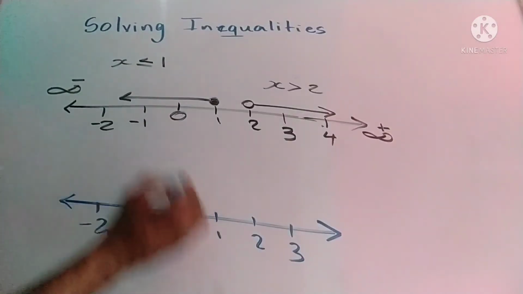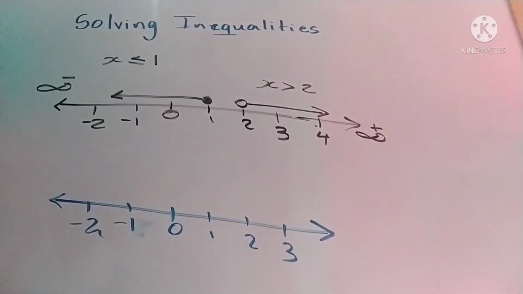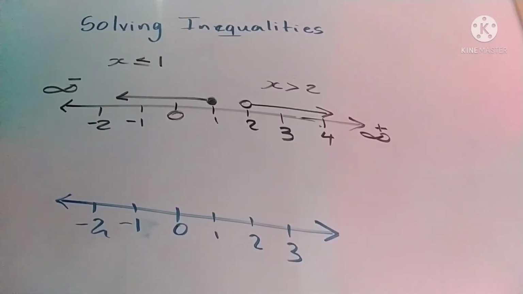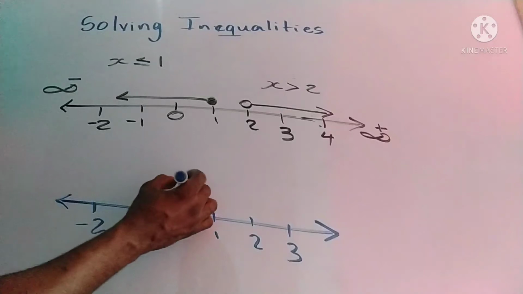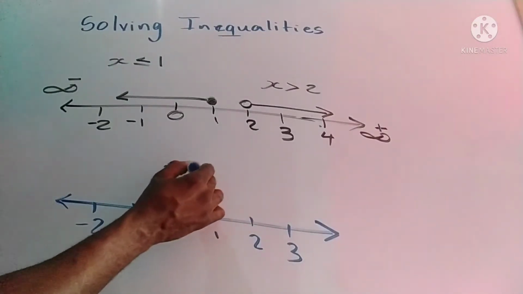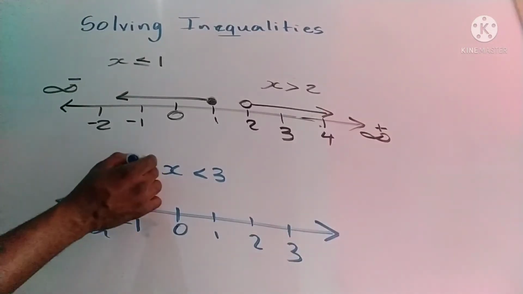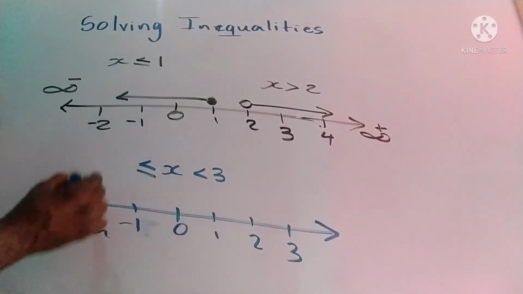And we want to look at the idea here. This is the idea that we want to look at. So we want to look at the idea that x is, let's say, x is less than 3, and this same x is greater than or equal to negative 1.